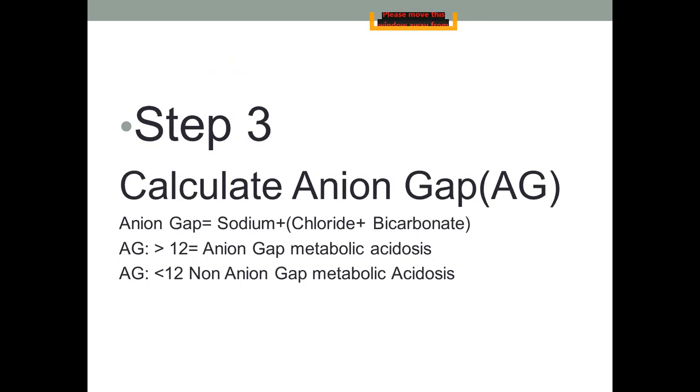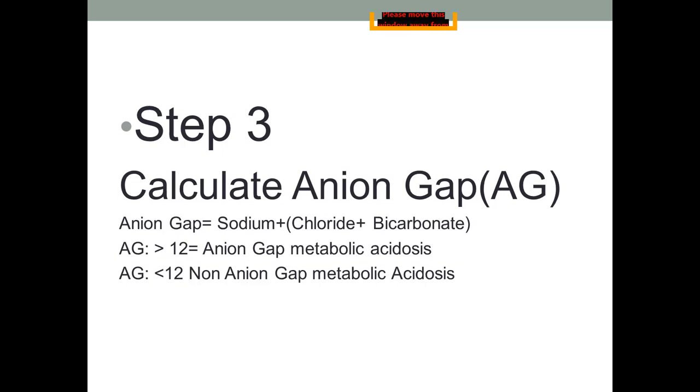Now we will discuss step three. In step three, you will calculate the anion gap. We have anions and cations in the blood, and anions should be attached to cations in the blood, and these cannot flow in the blood freely.